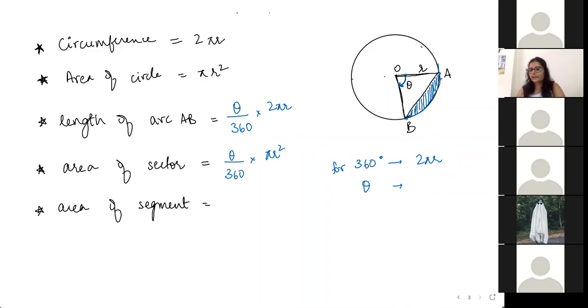To find the area of the shaded portion, what are the shapes whose formula you already know in this scenario?